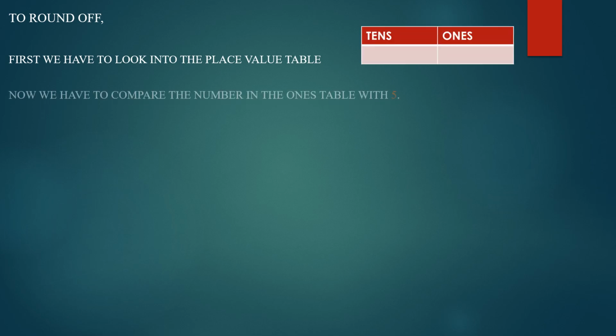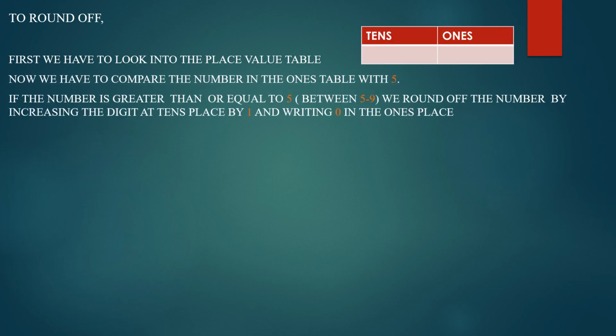Now this is the case if the number is less than 5. So now let us see if this number is greater than or equal to 5. So first of all, again we have to draw the place value table. The number that comes in the ones column is compared with 5. So if it is greater than or equal to 5, between 5 and 9, then the important thing you have to remember is that we have to round off the number by increasing the digit at the tens place.